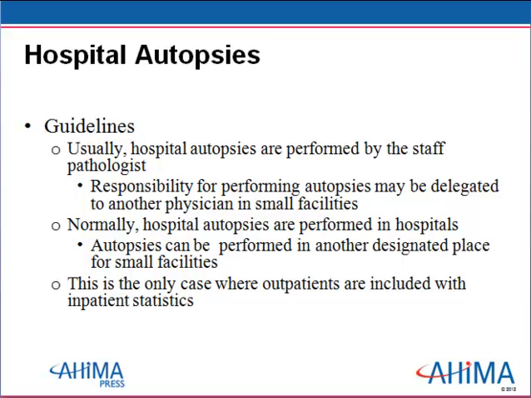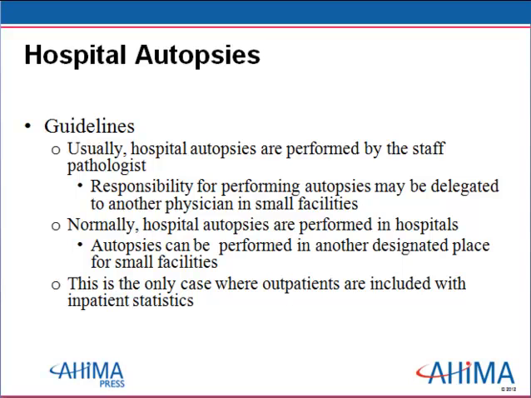As a general rule, hospital autopsies are performed on inpatients who have died. However, because of the educational value of autopsies, former inpatients who were not in the hospital at the time of their death may be considered for hospital autopsy.